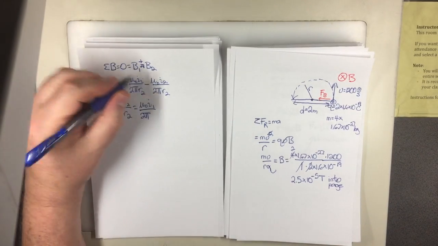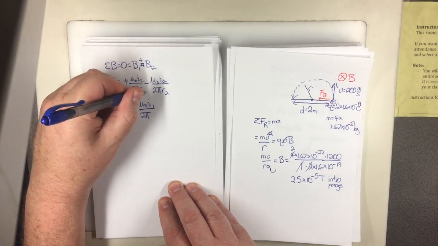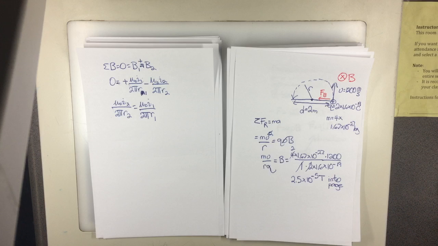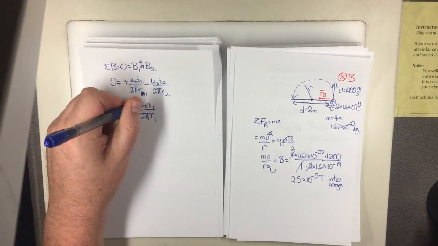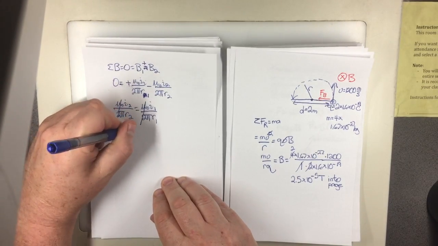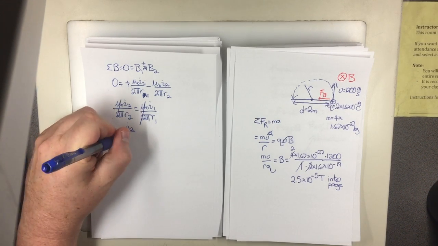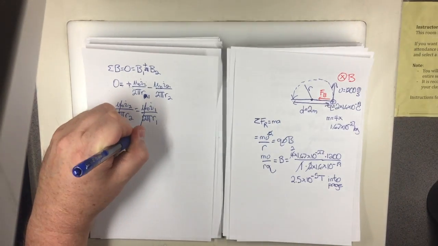And I made a whoopsie. There we go. So those cancel. Now, r2 is the distance from wire 2 to the point, so it's X.